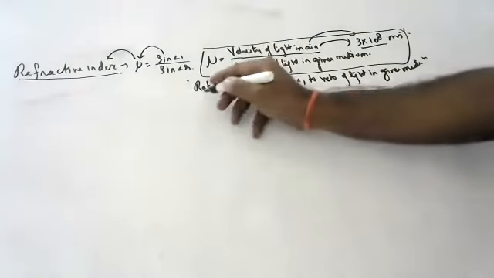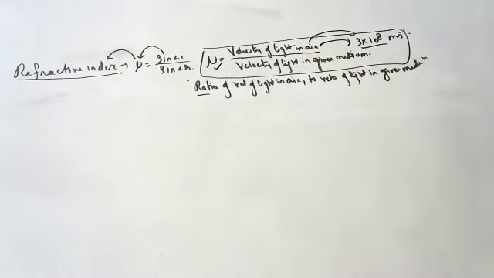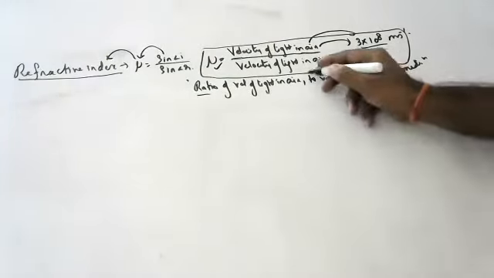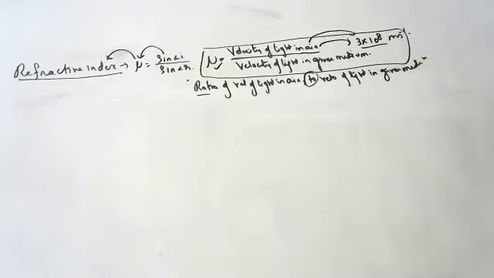Can anyone define refractive index? Raghuram, can you define refractive index? Ratio of velocity of light in air to velocity of light in any given medium. Harika, can you define refractive index? The ratio of velocity of light in air to velocity of light in the given medium.